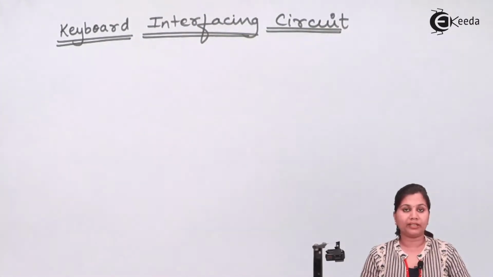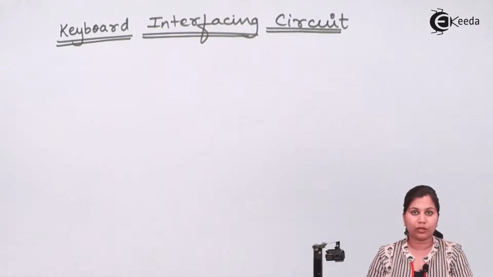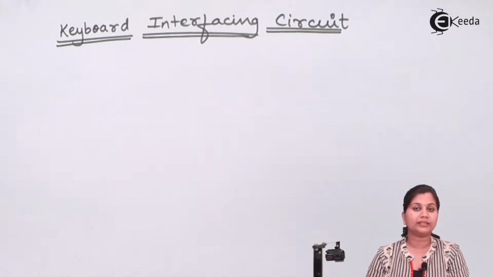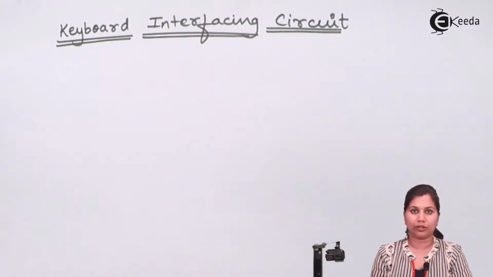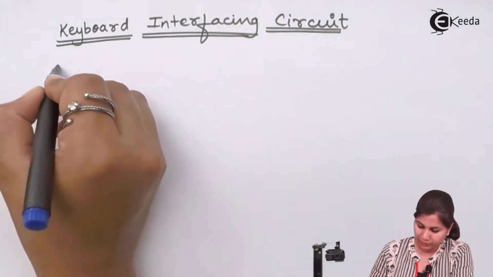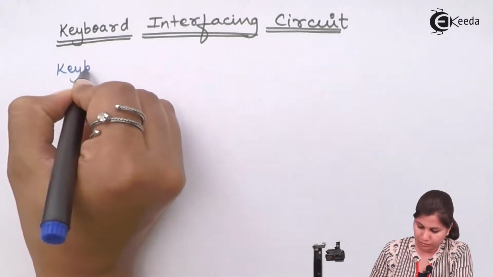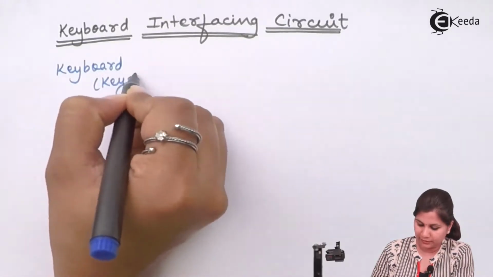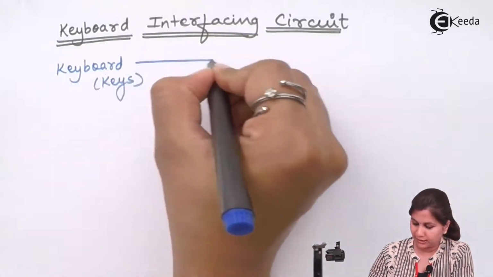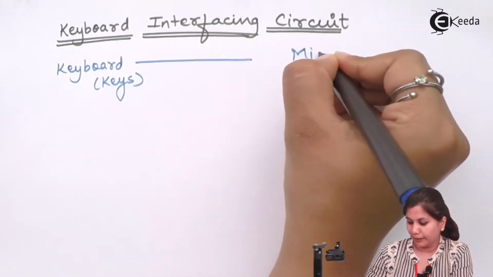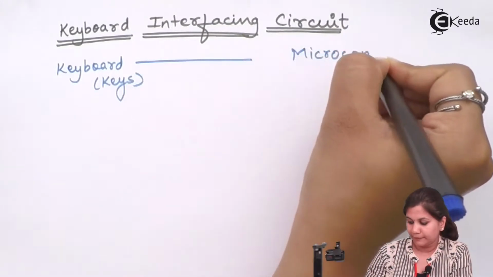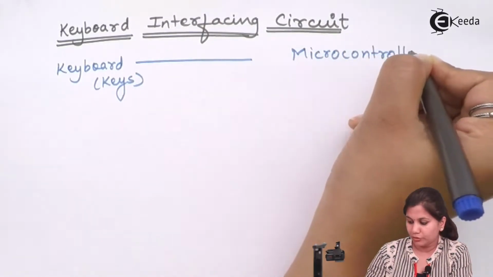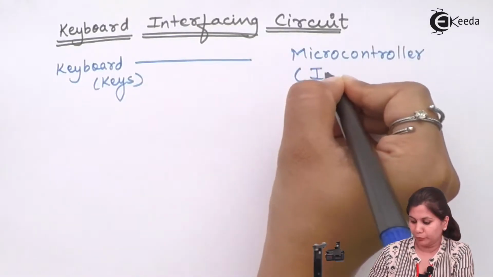Now the keyboard, when it is interfaced with the microcontroller, is connected with the input ports of the microcontroller. So here we have the keyboard, and in the keyboard we have the keys. These keys are connected with the microcontroller, which has the input ports.